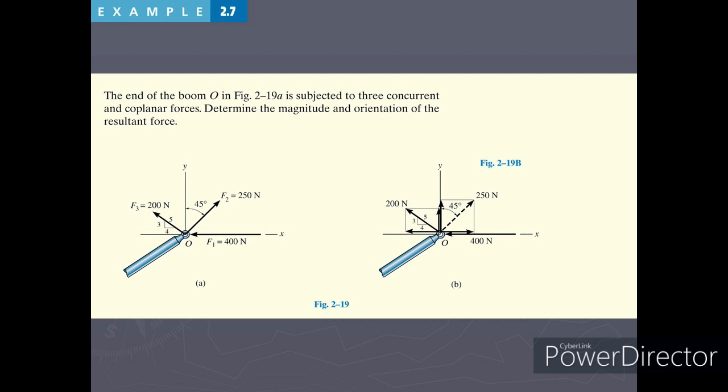No, I want the Cartesian vector form, the complete. I. Go ahead. 200. Yes, 200. That's all? You just told me the horizontal component. Are you saying F3 will not have a vertical component?